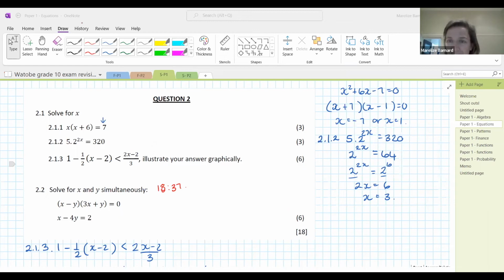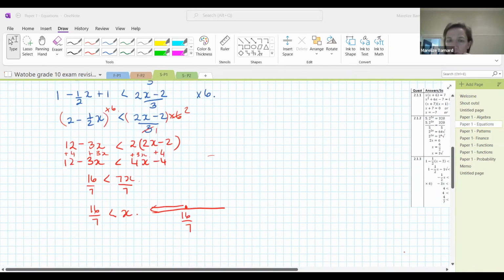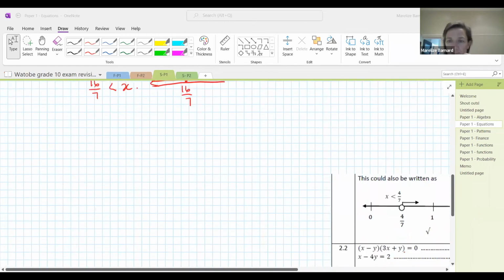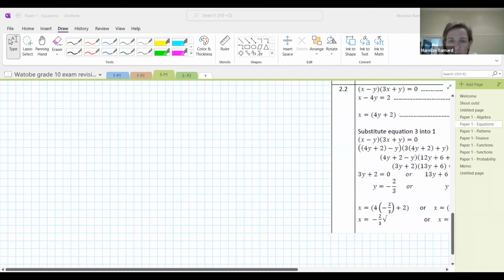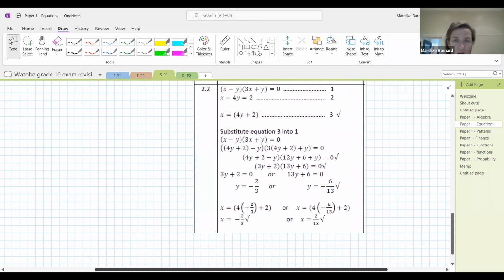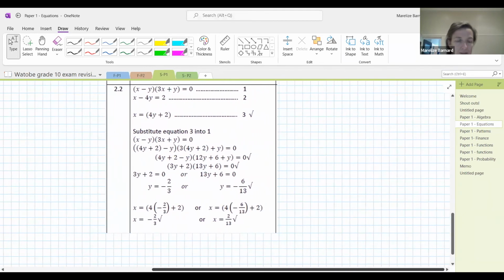Okay, our time is up for question 2.2. Maybe what you started doing was to multiply out, but there is an easier way. Here's your options if you multiplied it out.